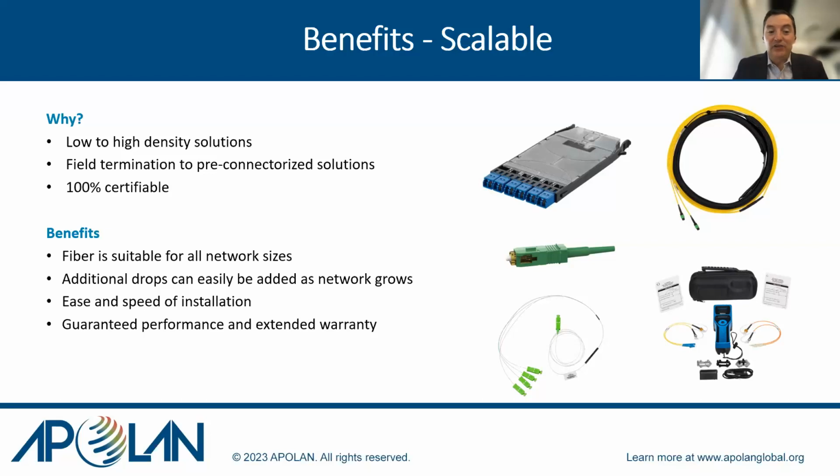Also, you guarantee performance, and in many cases, you can have an extended warranty. What it means is that from the day that the network is installed, you can get confirmation from the manufacturer that the network will perform, before you add devices and different equipment to the network.